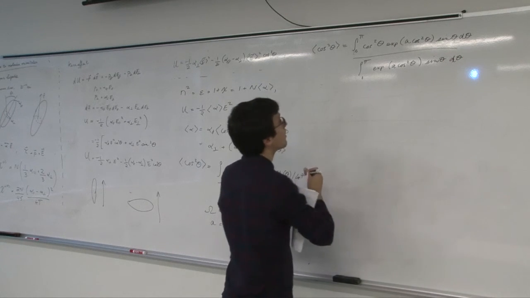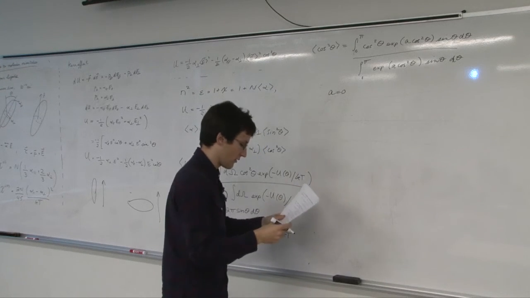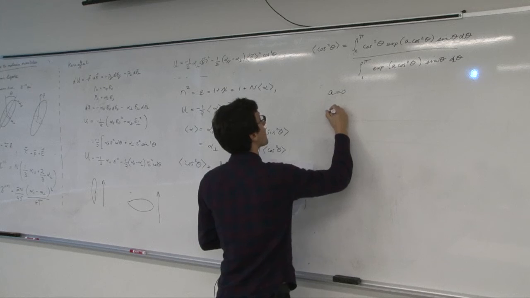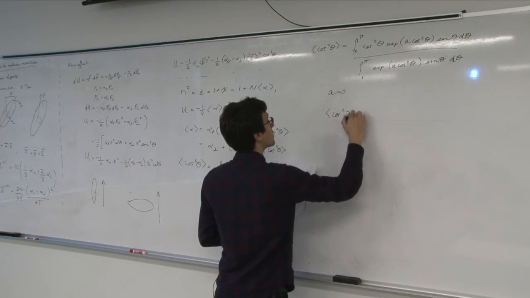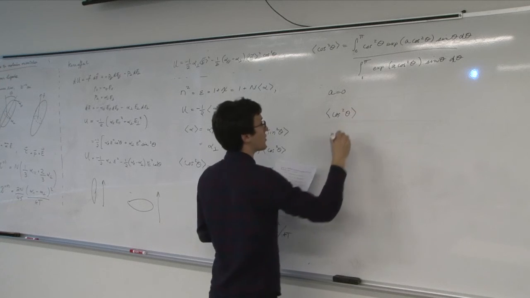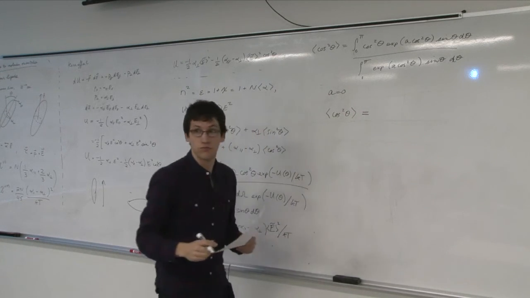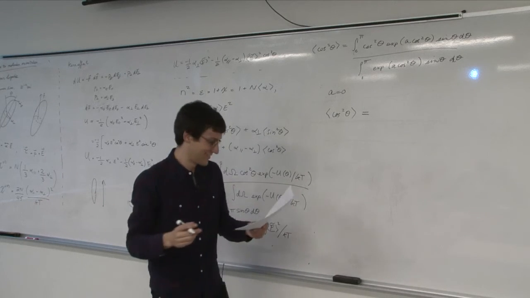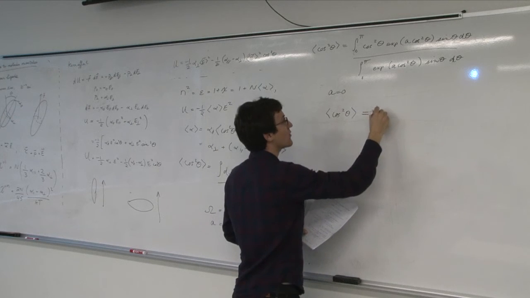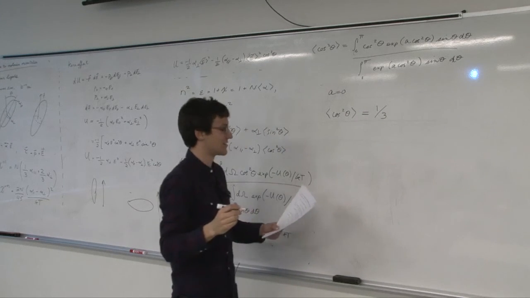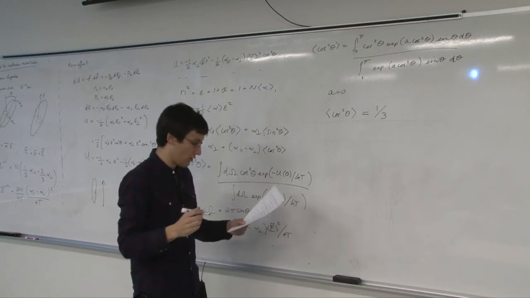And then I say the case where A is equal to 0, so when there's no field, I will find that, and this is something that you can try at home or during the weekend when you're feeling bad, I guess. You want to solve integrals, stuff that people have done in the 19th century. So you will find that it is equal to 1/3.